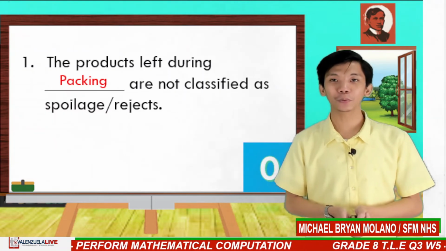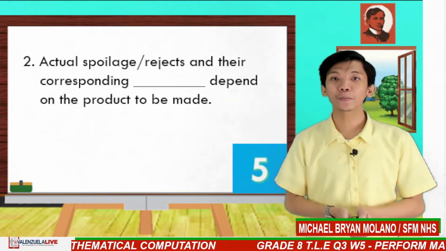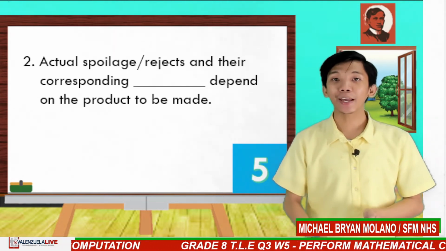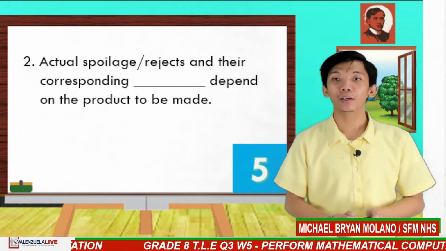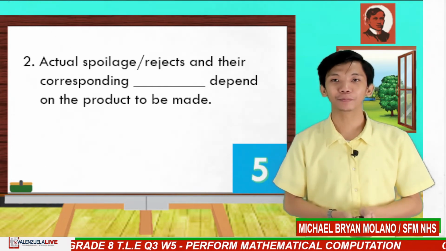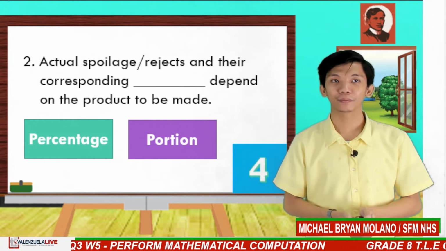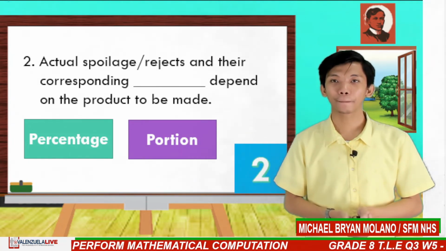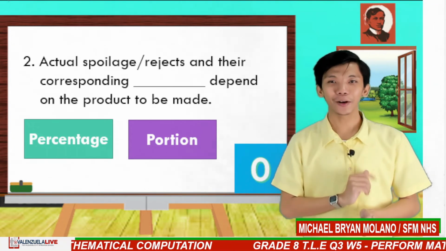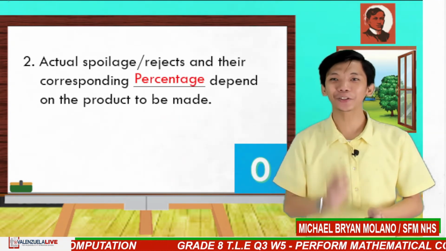For number 2, actual spoilage or rejects and their corresponding blank depend on the products to be made. Your timer starts now. Time's up. Now, if you answered percentage, then you are correct.